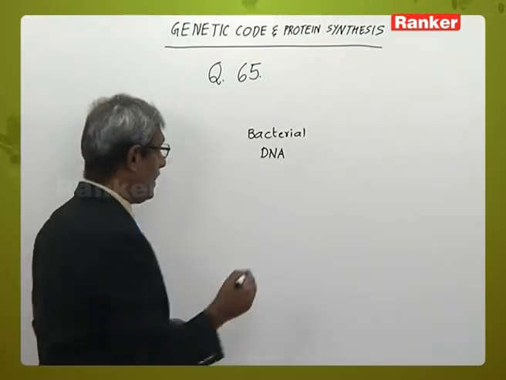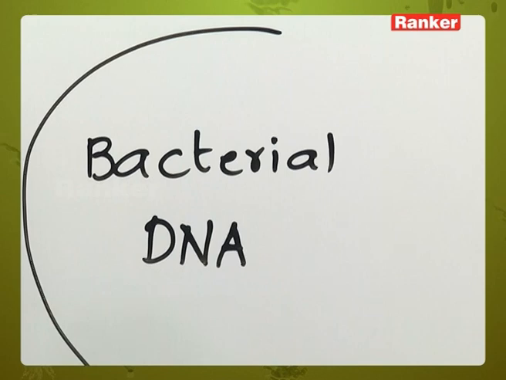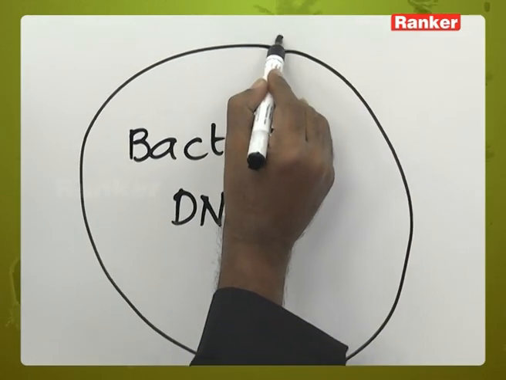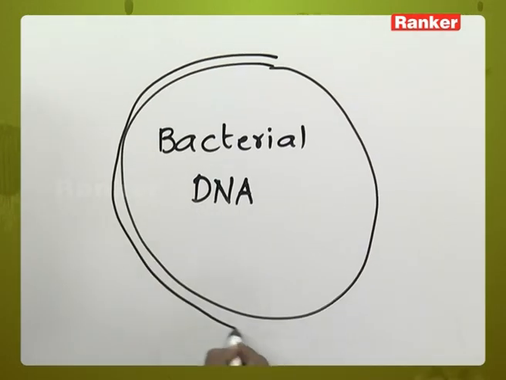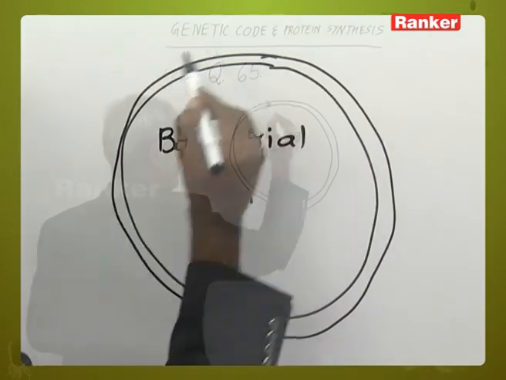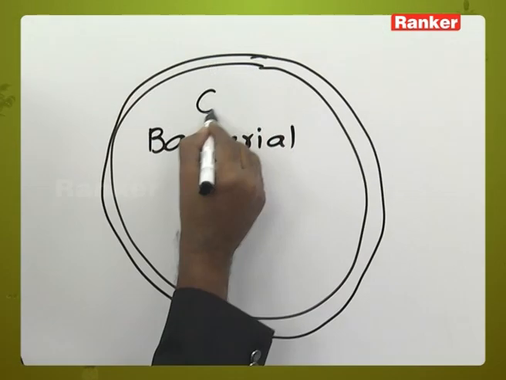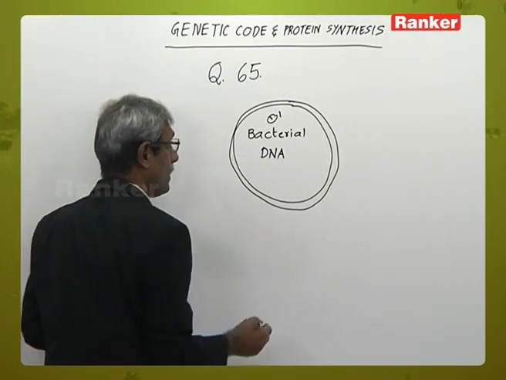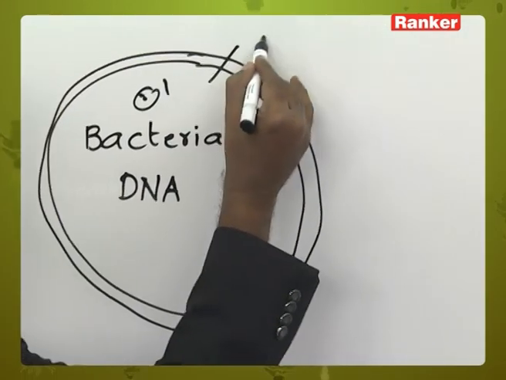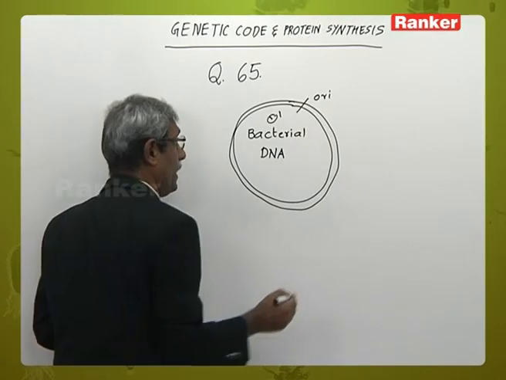the bacterial DNA is circular. So, it is a circular bacterial DNA and it has one point of origin. It has an ORI.